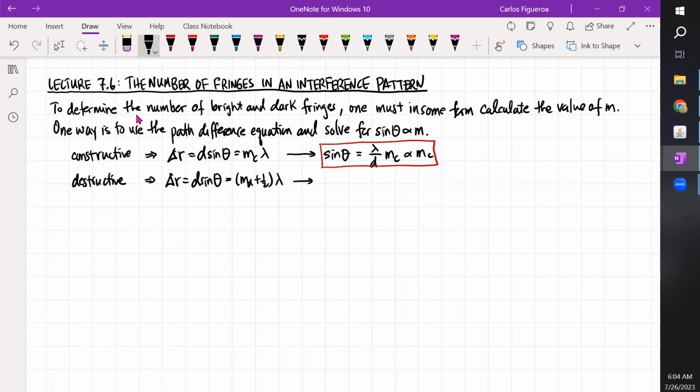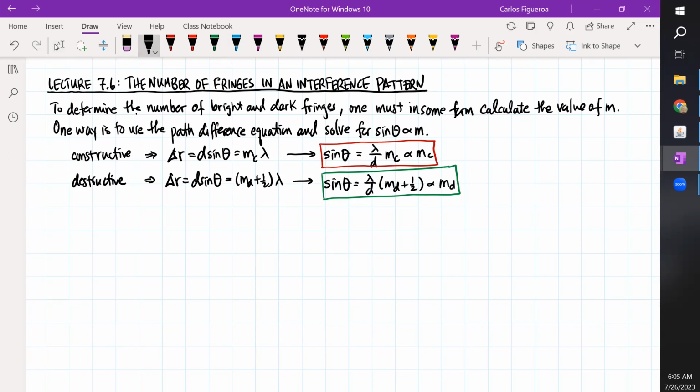If I solve for this, I'm going to get lambda over d times the quantity MD plus 1/2, which is again proportional to MD. So we can determine the M value by looking at the sine.